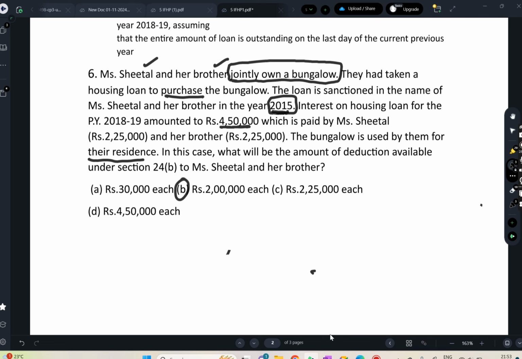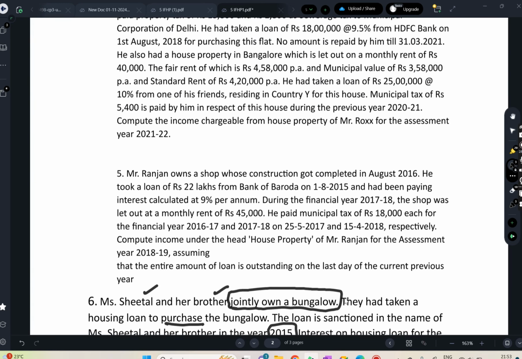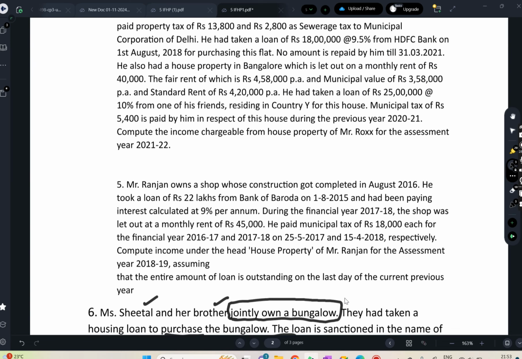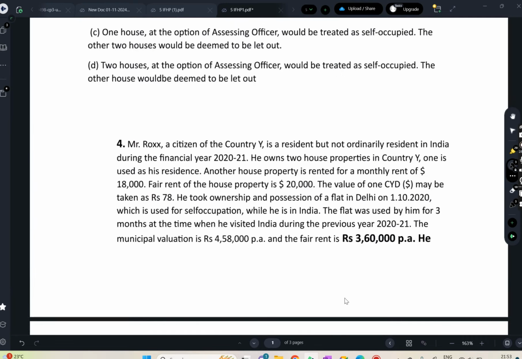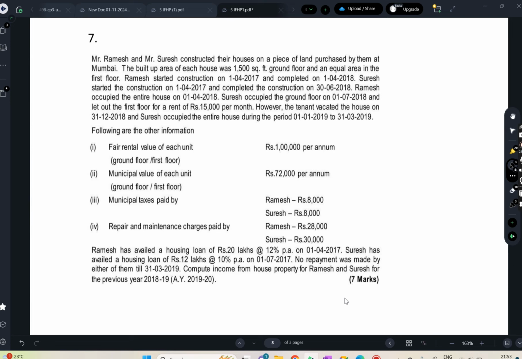Next one. Next we'll do some more questions here, and then we'll come to one big question which can cover pretty much everything. I think I have written it somewhere else. Yeah, so this is the question which covers pretty much completion, construction, pre-construction interest and everything.